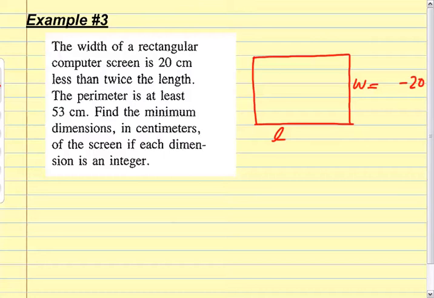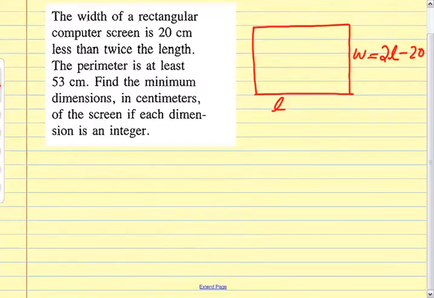So I have to subtract 20 from 2L. Okay? Now I know that the perimeter is at least 53 centimeters, so that means greater than or equal to. Okay? Now remember, the formula for perimeter is equal to 2L plus 2W, right?